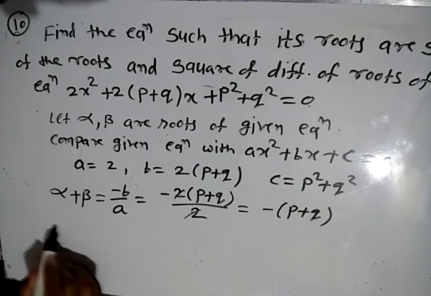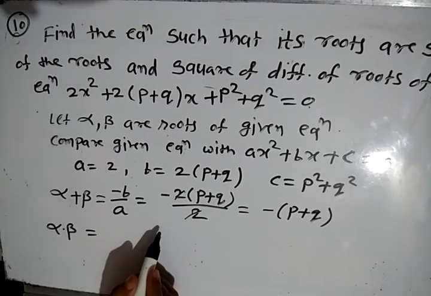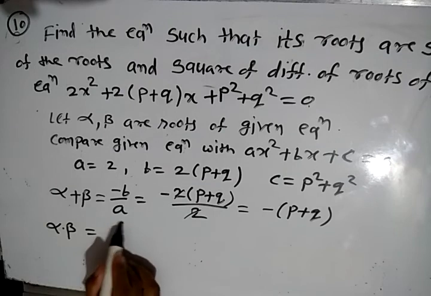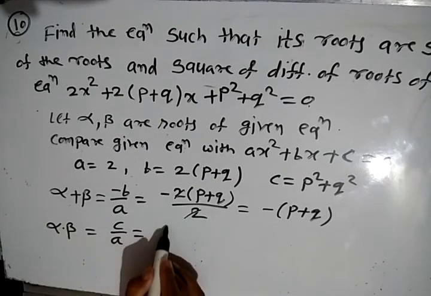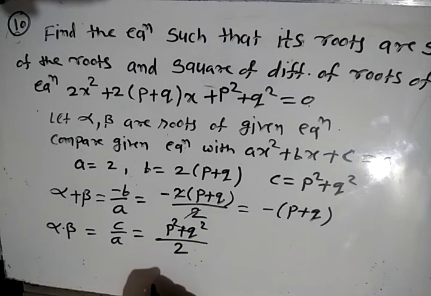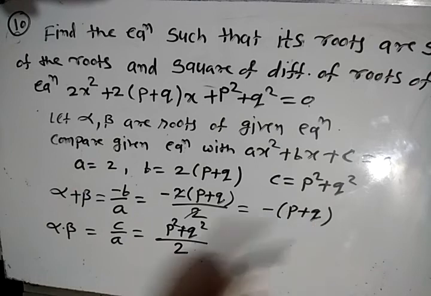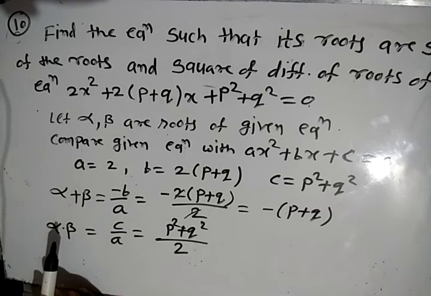Then the product of the roots, alpha into beta, is equal to c upon a. The value of c is p square plus q square, and the value of a is 2. So the sum of the roots is minus p plus q, and the product of the roots is p square plus q square divided by 2.